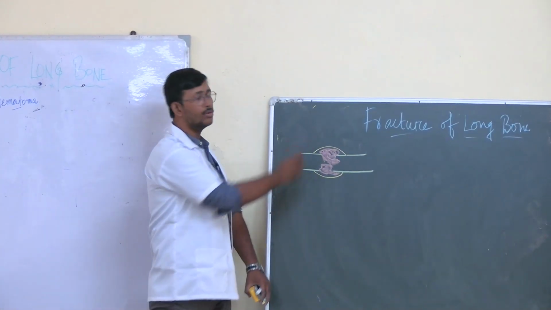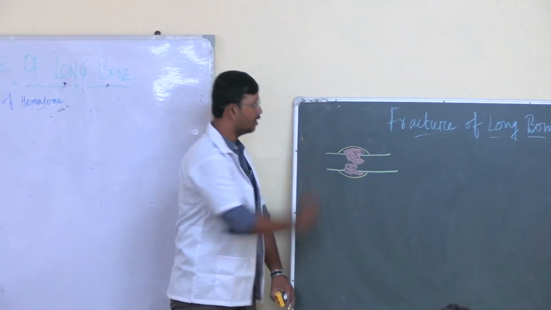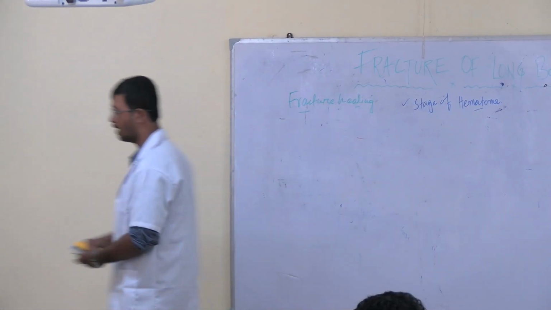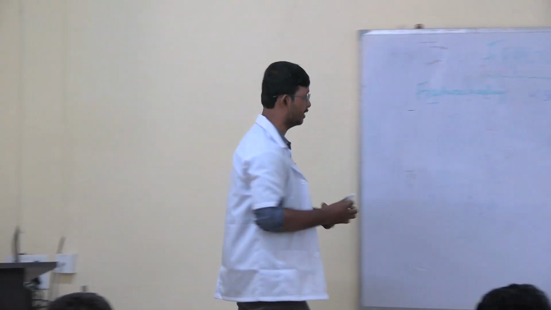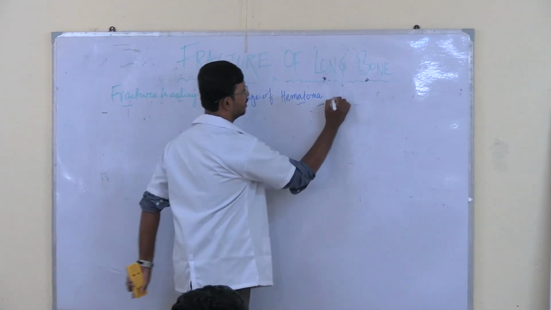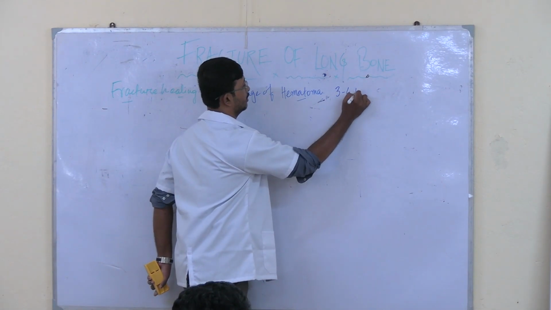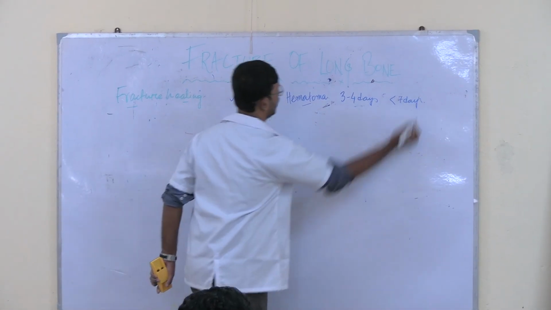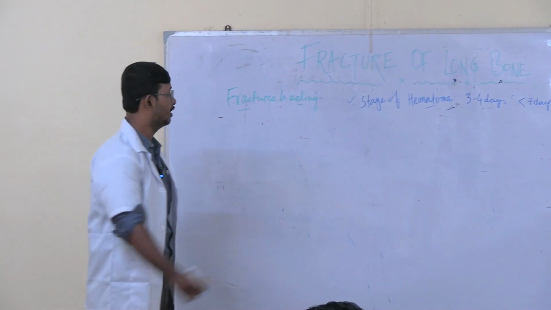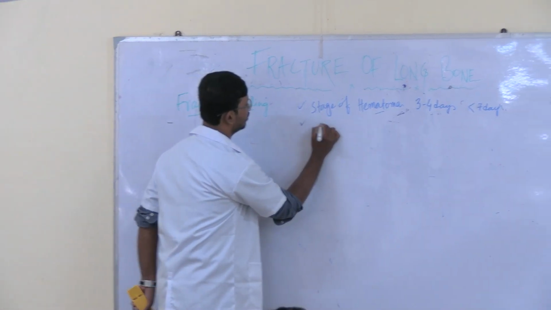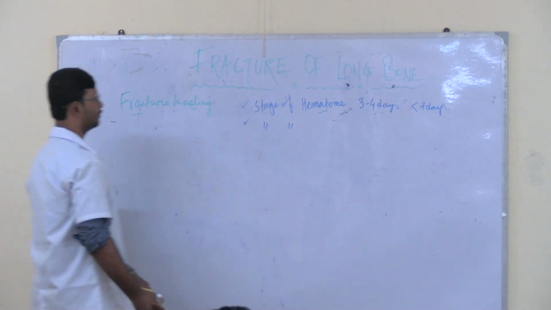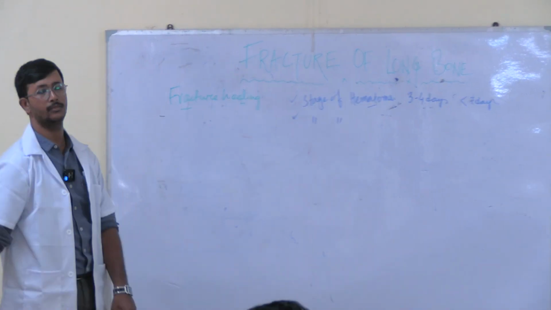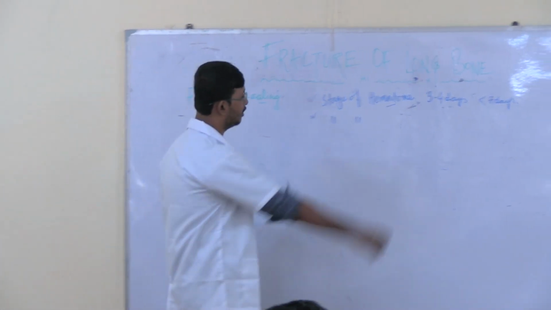Surrounding the cortex part, there will be bleeding. So that is the stage of hematoma. The hematoma will form completely within 3 to 4 days, or let's say less than 7 days. That is the first stage of a fracture. Then comes your stage of granulation tissue after hematoma.